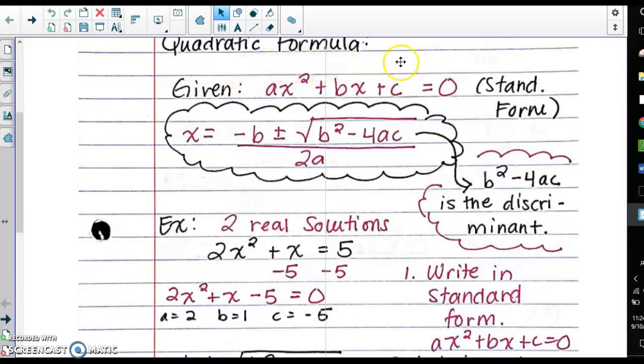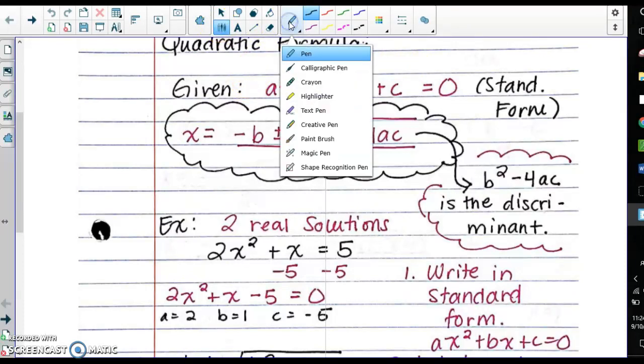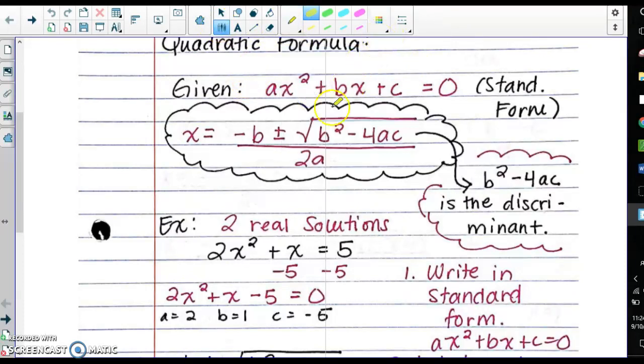So always make sure that your equation is in this form before you start doing the quadratic formula, because it's very important that you put the numbers in the correct place. This part underneath the radical is called the discriminant, and that can be used to tell you what type of solutions you have, and we're going to get to that at the end of our notes.